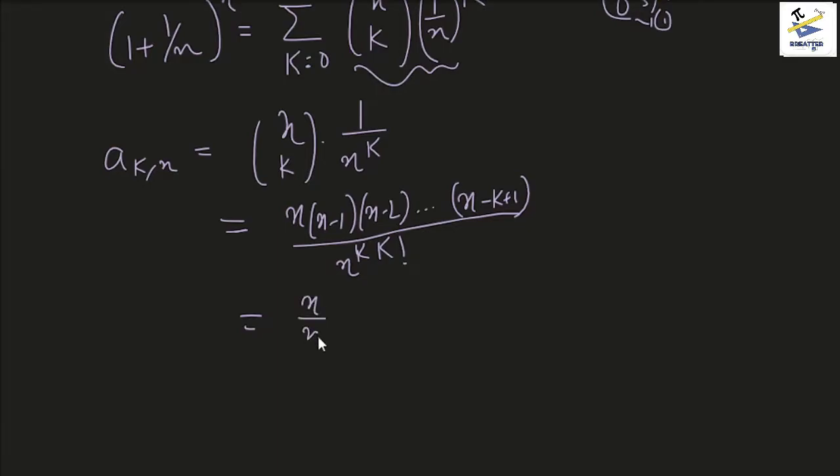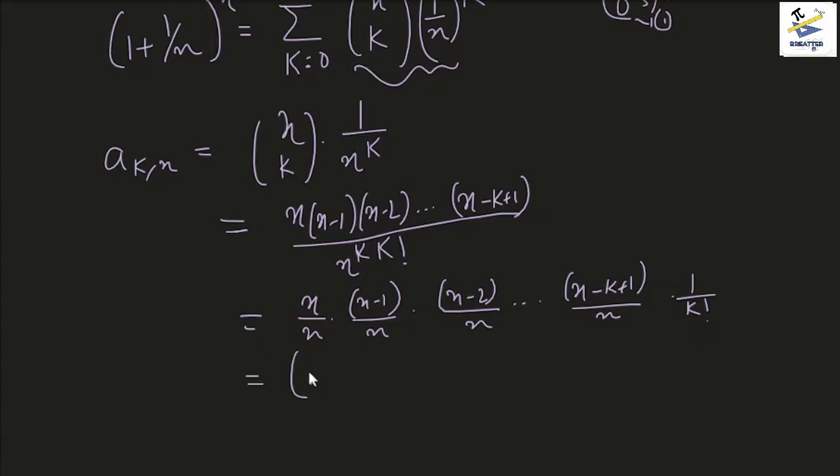x/x into (x - 1)/x into (x - 2)/x and all the way up to (x - k + 1)/x, and then there is a 1/k factorial. And now there are k terms, so I have divided all the k x's in as denominator to this one.